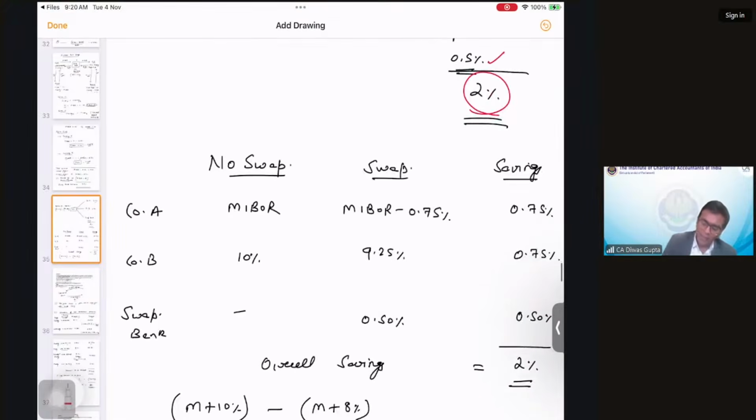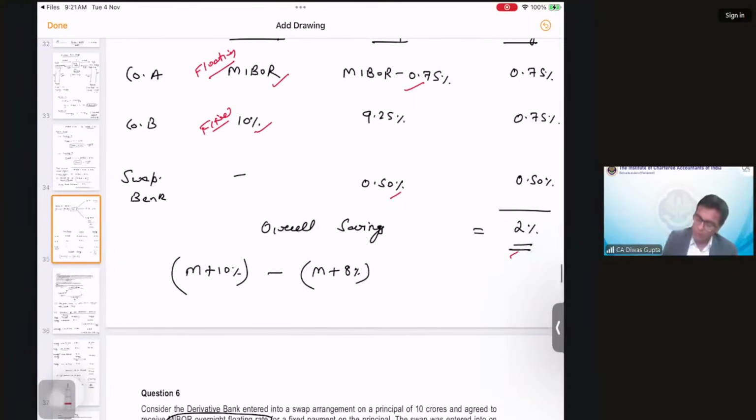Had they not done any swap, company A would have been paying MIBOR plus 10%, company B would have been paying 10% basis their floating and fixed preferences. This was floating preferred, this was fixed preferred, and swap bank was getting nothing. But after swap, company A's interest obligation is only MIBOR minus 0.75, company B's obligation becomes 9.25, and swap bank is getting 0.5.